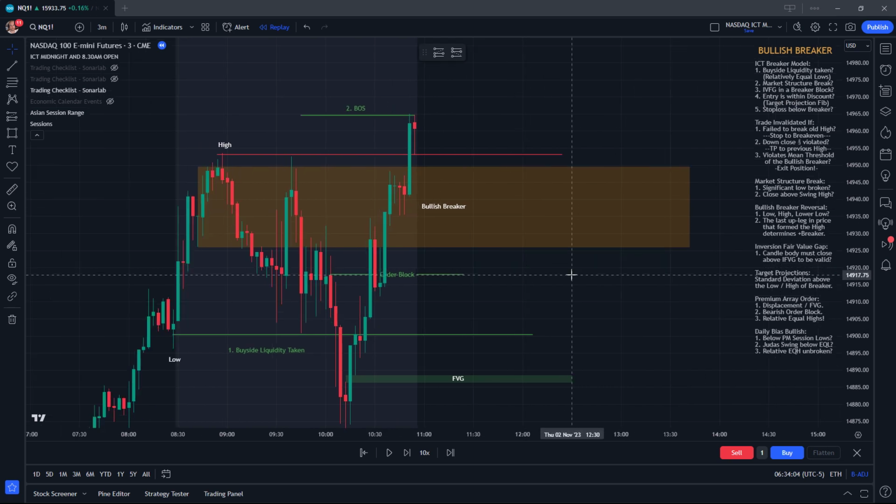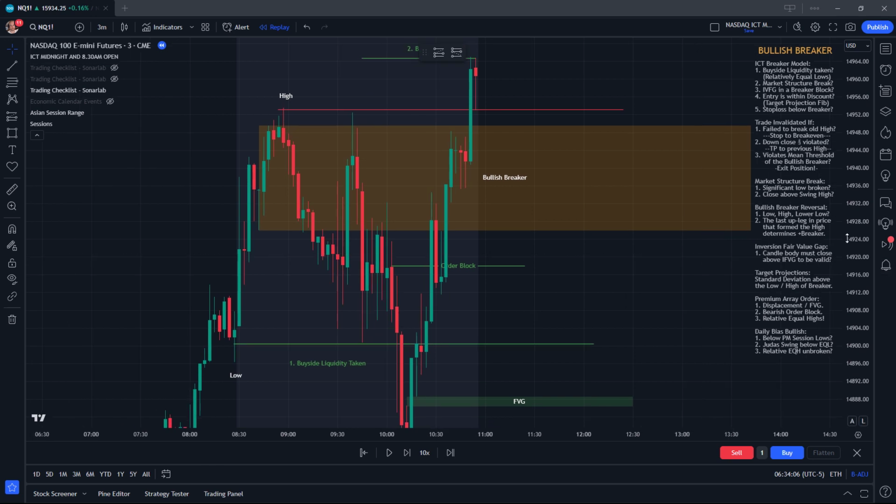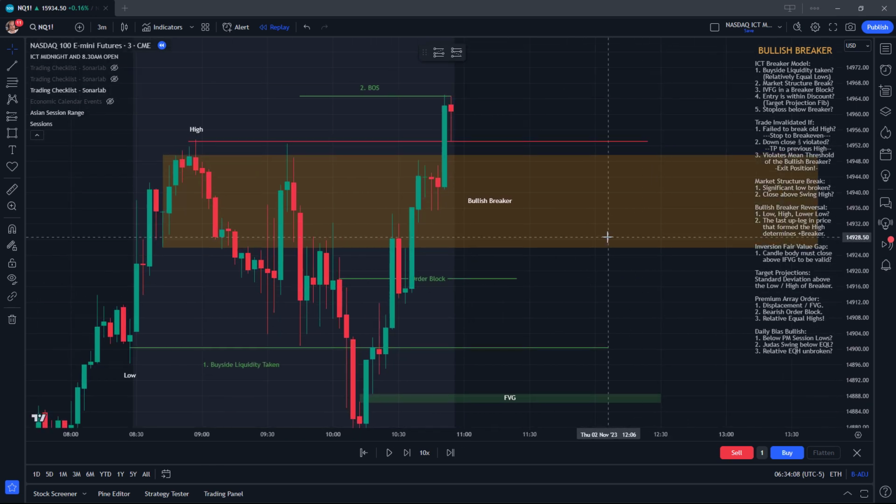So let's see if we can find an inversion fair value gap. I should actually clarify, an inversion fair value gap or a fair value gap, just to give us more opportunities to actually get in the trade. We could even use this order block as a way to enter the trade.